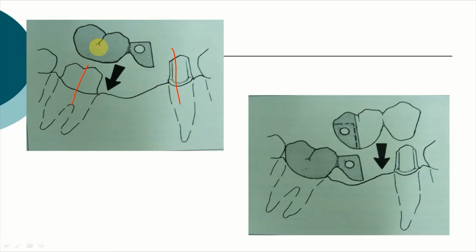In this type, we will fabricate the distal part of the FPD with a beam first, and later on the mesial part with the pontic and the space for this wing to be accommodated is fabricated, and it is placed.